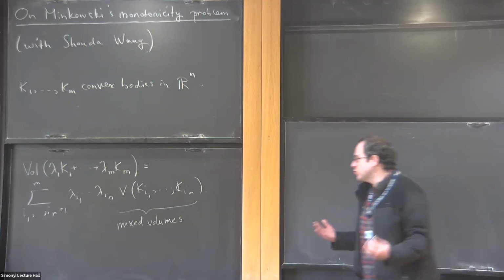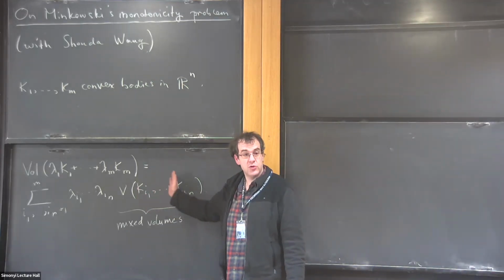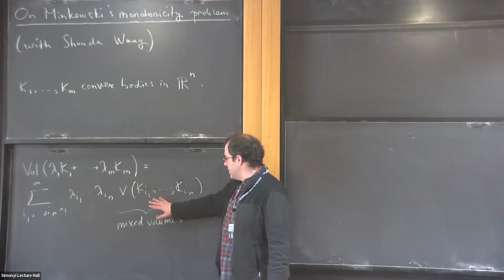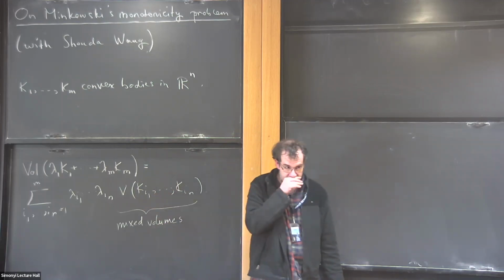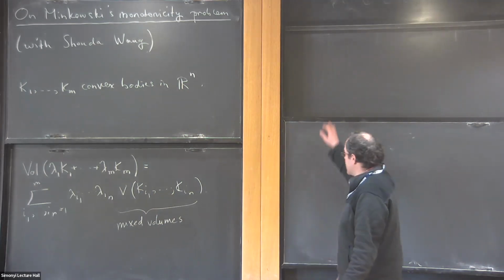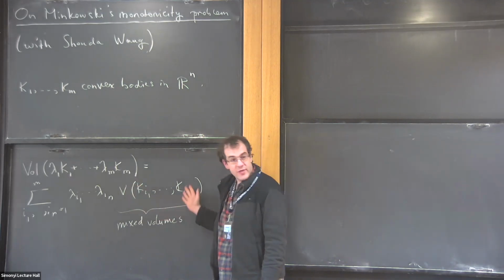Many of the geometric functionals that we know and love are actually special cases of these coefficients of the volume polynomial. So these coefficients are the things that we're trying to understand. And so Minkowski realized that there's a lot of geometry encoded in these coefficients.